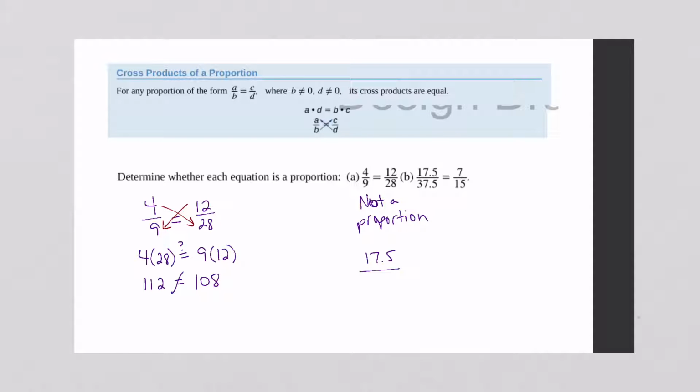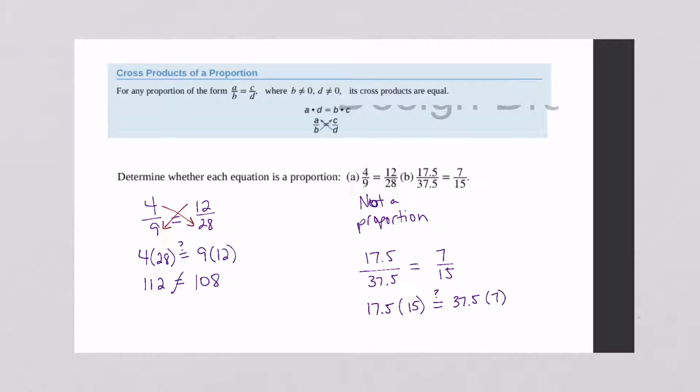Okay, so let's take a look at B. 17.5 over 37.5, or 17.5 is to 37.5 as 7 is to 15. Well, let's do the cross product and see if those are equal to each other. So I would do 17.5 times 15 and see if it's equal to 37.5 times 7.